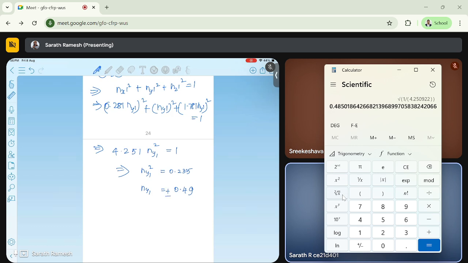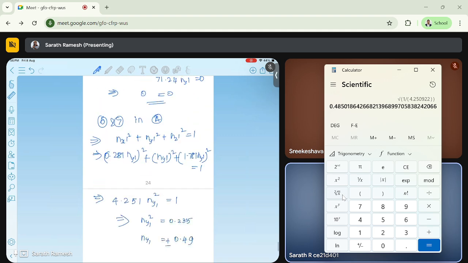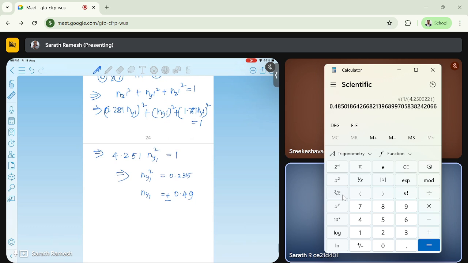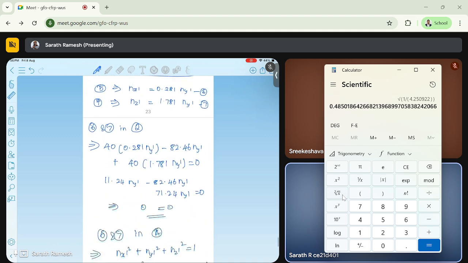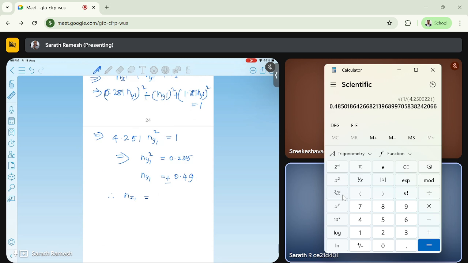So for each value, similarly, when we substitute this ny in nx, nx will come around 0.281 times 0.49. 0.14 I am getting.